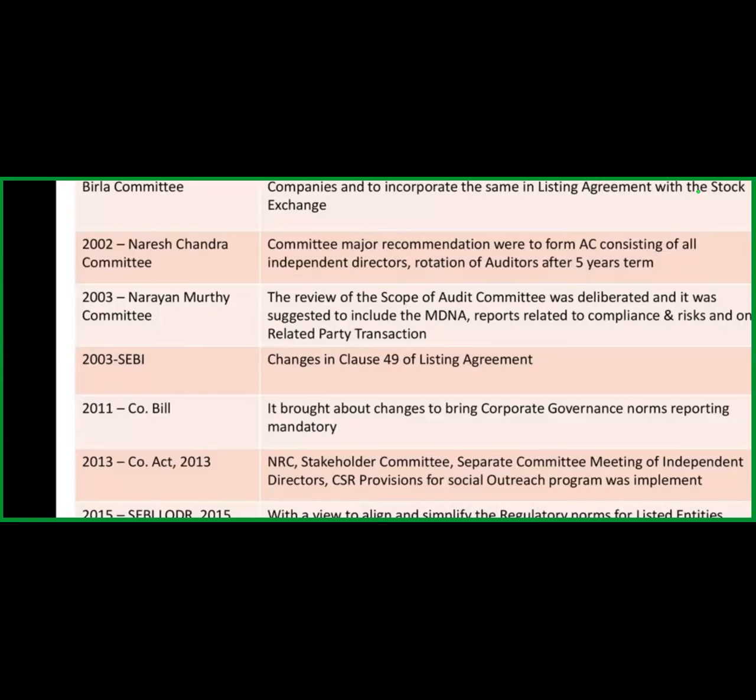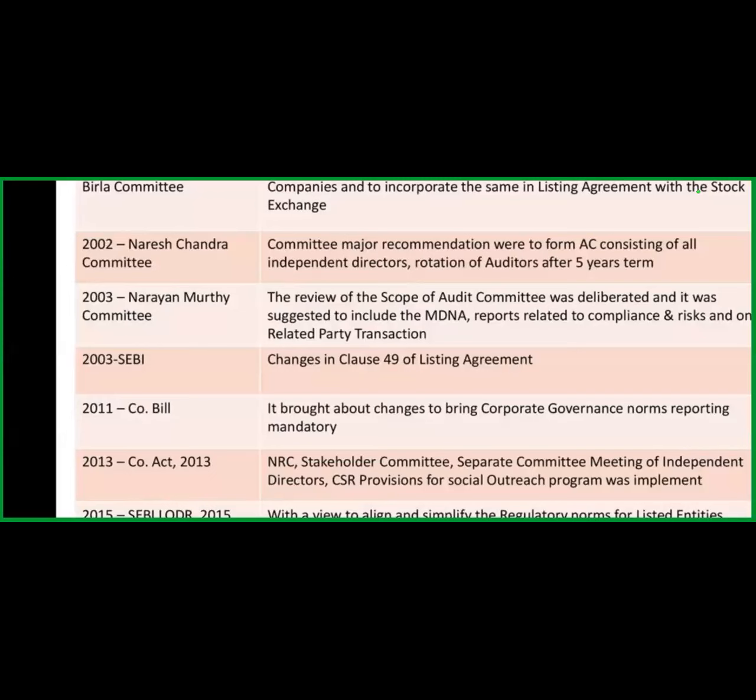Now here, the Naresh Chandra committee came up with the idea that after every 5 years, the auditors are to be changed. Now, why did they think that this should be there? Because again, we all are human beings. When the auditor and the company are interacting for a longer period, automatically we start developing a good rapport.